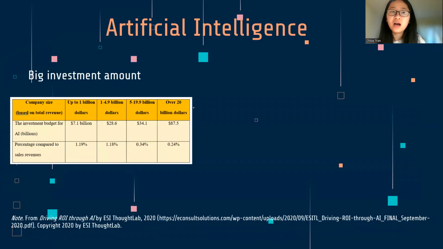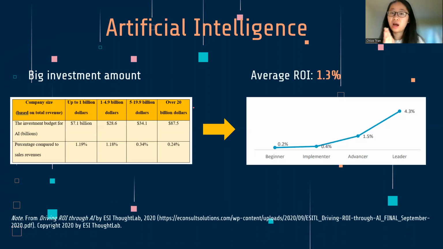For AI, actually AI really needs a lot of money to invest. However, the average return on investment is only 1.3%. So compared to other technologies, you can see that it is a very small ROI.